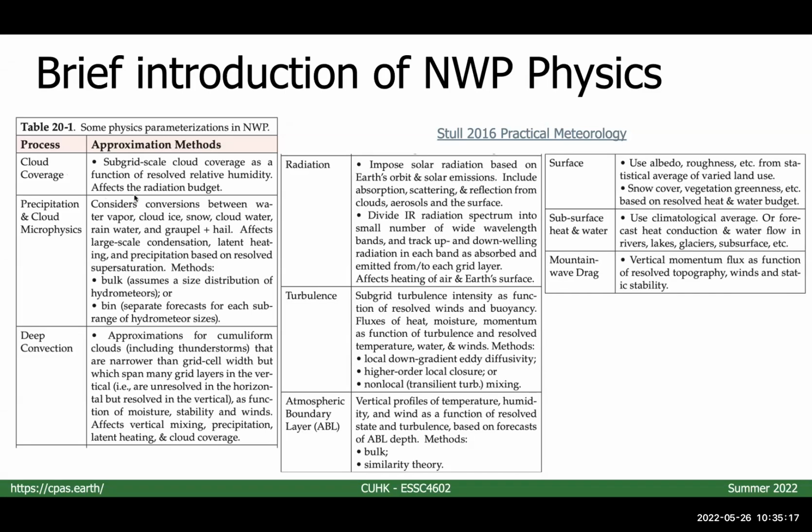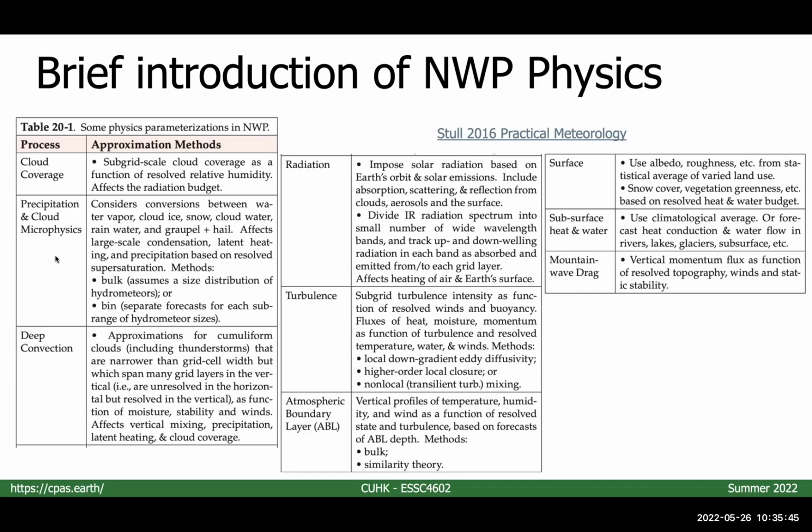And then this number will affect the radiation budget because in the radiation scheme, it has to calculate whether the sunlight is reflected by clouds and then not reaching the land surface, etc. So this is important, and this should be handled in the numerical weather prediction model.